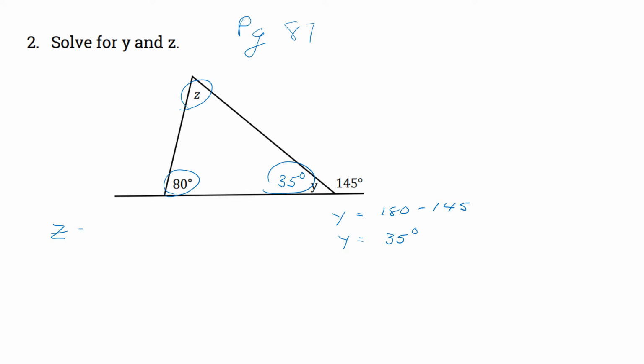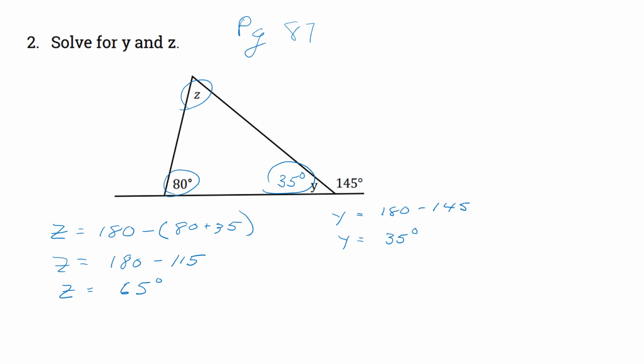So z is going to equal 180 minus, so another way you can do it, you add these two together, 80 and 35, and then you subtract from 180. And I got 180, and that's what, 115? And z is I got 65. Okay?